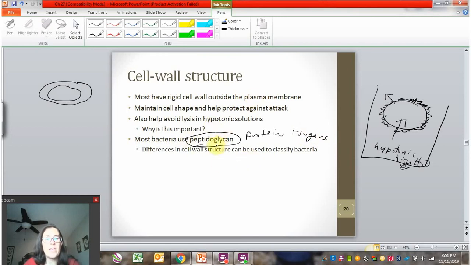So they all have peptidoglycan in their cell wall, but how that cell wall is put together with peptidoglycan differs a lot, and it differs specifically into two distinct groups. And so many bacteria are classified as either gram-positive or gram-negative, and it depends on how that peptidoglycan layer is present in the cell wall. It's present in both of them, but in a different way.